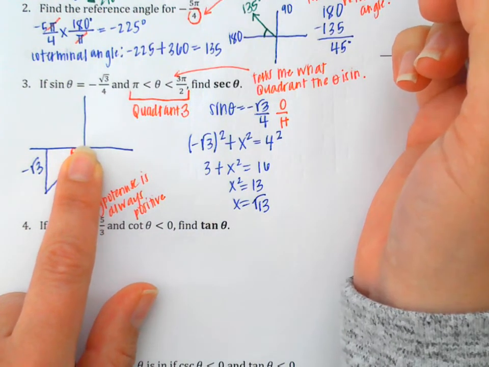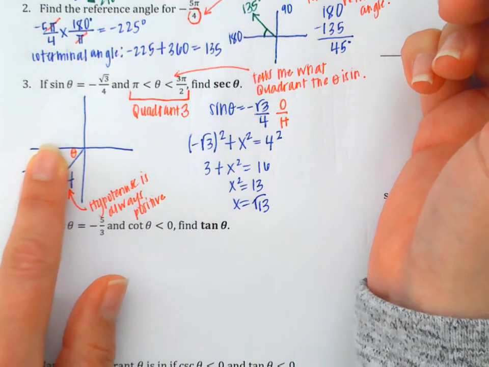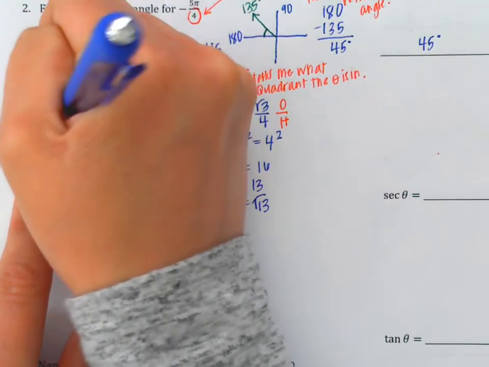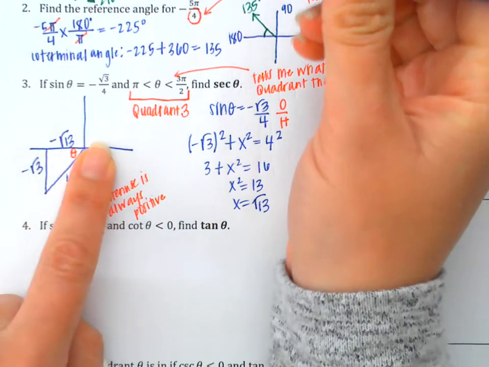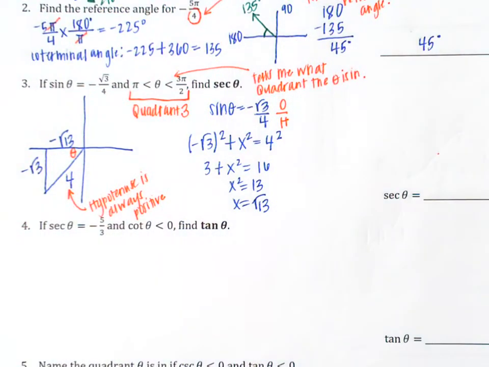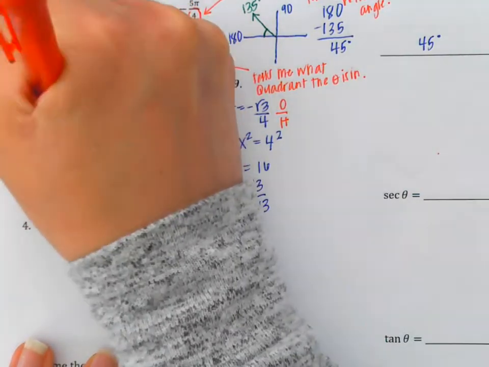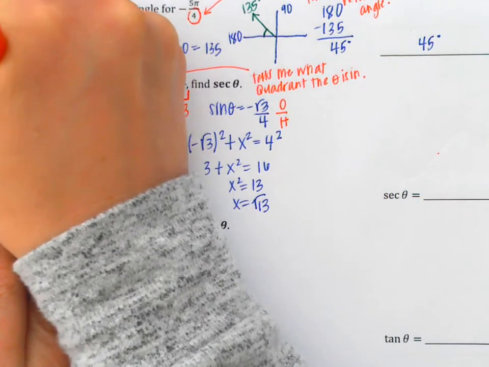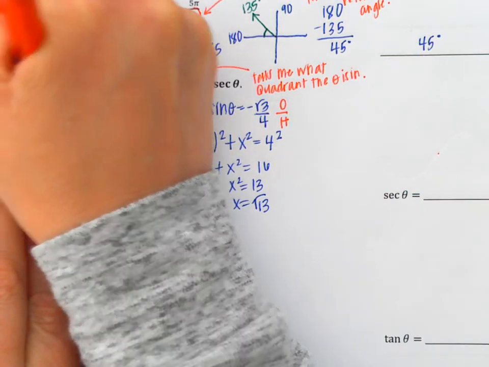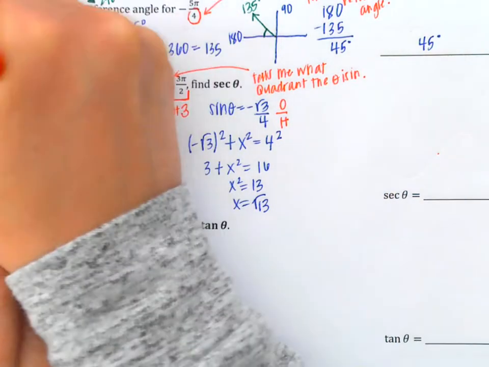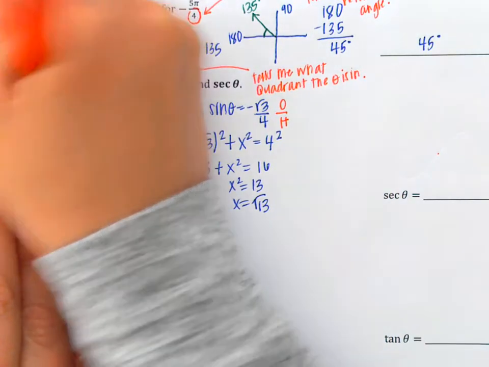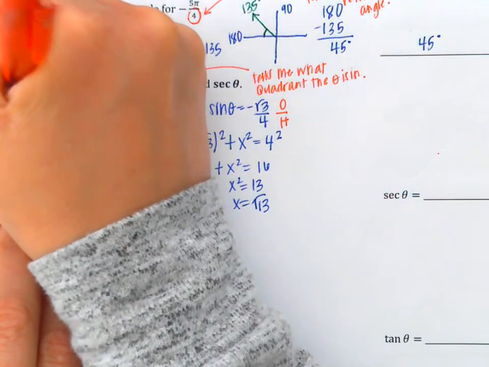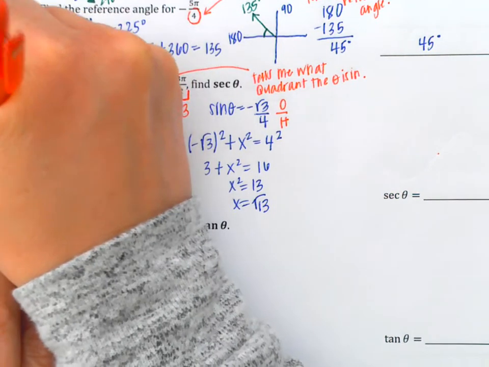Is this going to be a positive rad 13 or a negative rad 13? It's going to be a negative rad 13 because it's in the negative direction, right? It's over in the negative direction. So it's negative because it's on the negative x-axis.